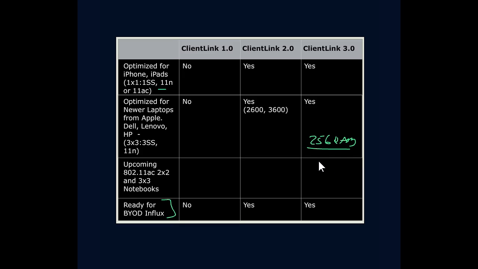Well, it's measured in terms of the supported data rates, right? You have data rates that are supported by access point and client based upon the connection of their signal. And so only when you get to MCS8 or MCS9 levels of data rate throughput can you support 256 QAM and really start moving data. And what we see with ClientLink 3.0 is you could move around inside of a network and maintain over a gigabit of data throughput.